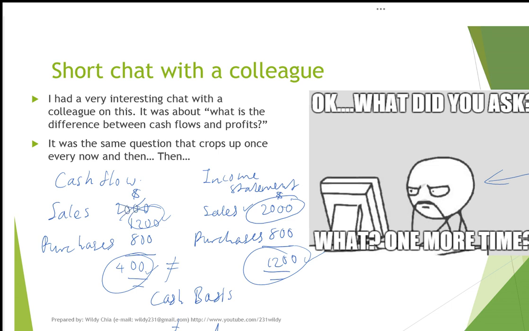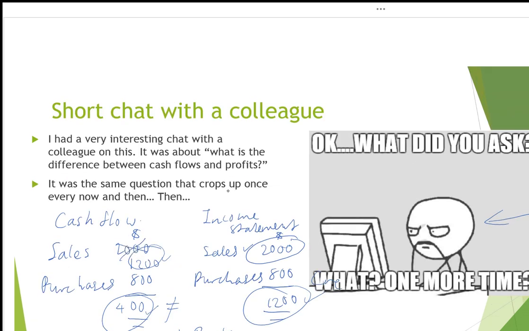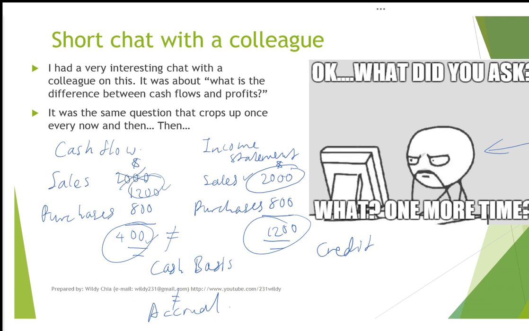Now, where you have situations like, for instance, credit sales, this will surely result in differences between cash and accrual accounting. So it's not just cash sales but also credit transactions. And this is a real problem.